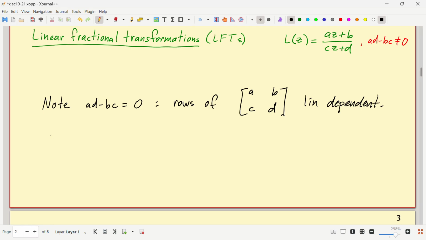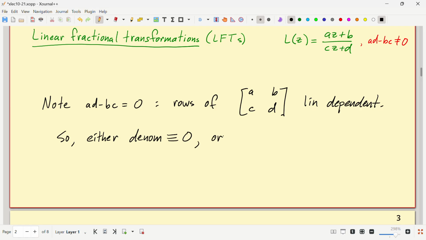In the case that the bottom row is equal to 0, let's see. Either the denominator is identically 0, that's if c and d are 0, which means that thing doesn't make any sense.